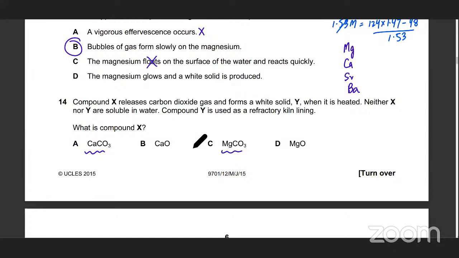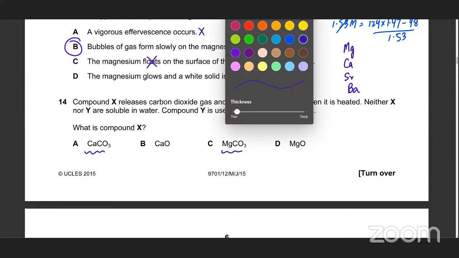So it's A or B because B and D cannot release carbon dioxide. They don't have carbon in the first place. फिर उसके बाद what he's saying is कि neither X nor Y are soluble in water. So what's the white solid that's being produced?